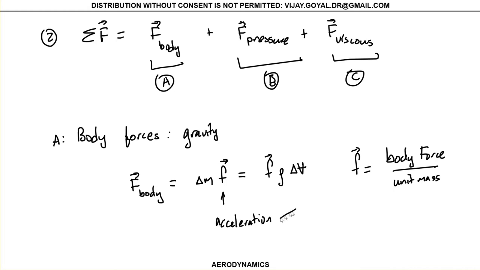If it's only applying in the vertical direction, that's the only way you're going to have a body force, right? If it's going downwards, then you have a g. Let's say I have a coordinate system where this is X, this is Y, this is Z. So then this will be going in the J direction, and it's minus because it's going downwards.